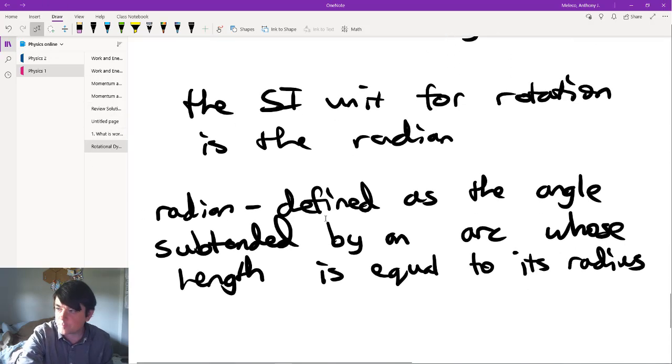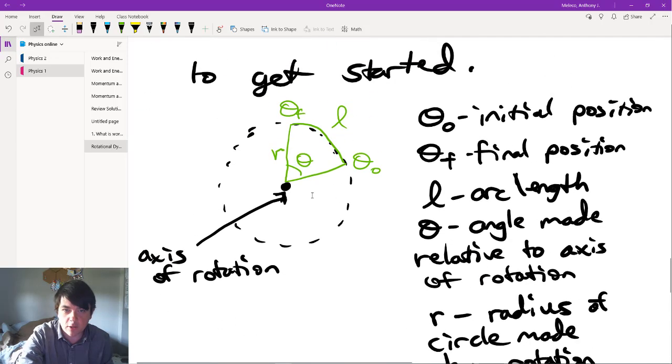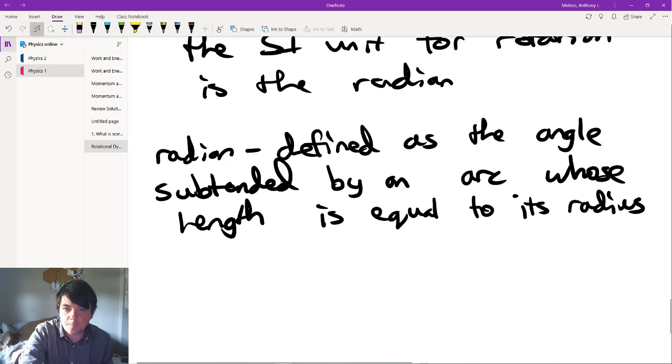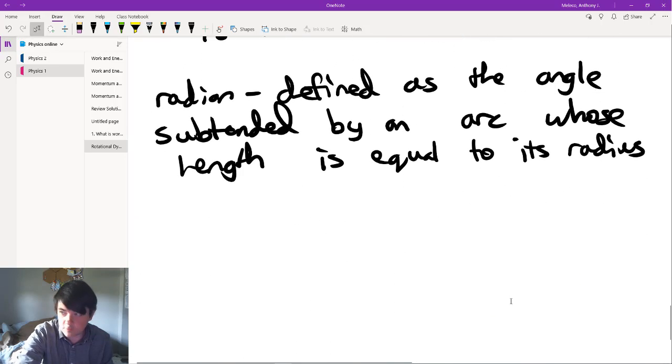Okay, so let's look at this. Defined as the angle subtended by an arc, right here. So here's the angle that's subtended by this arc, whose length right here is equal to this radius. That is 1 radian, okay?